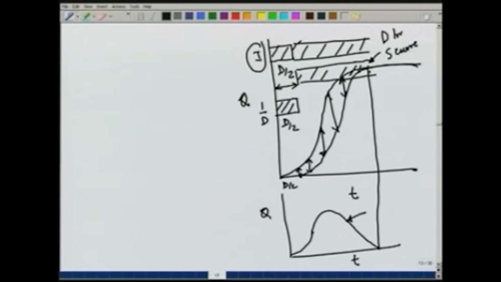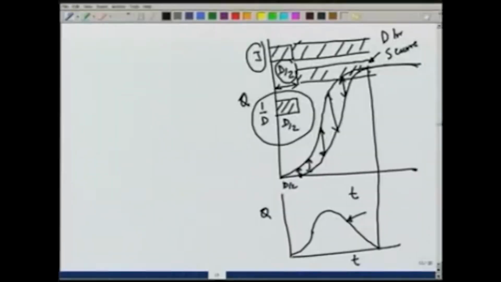And this direct runoff hydrograph is because of a rain of intensity 1 by d over duration d by 2. So, we multiply each ordinate by I over d and we will again get the required direct runoff hydrograph because of a rainfall of intensity I and duration d by 2.